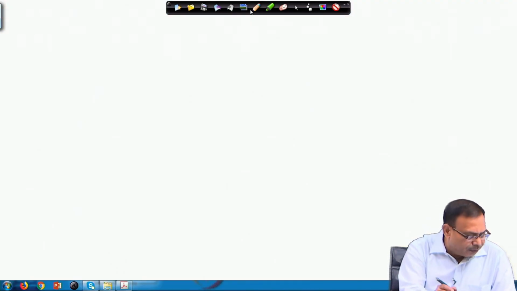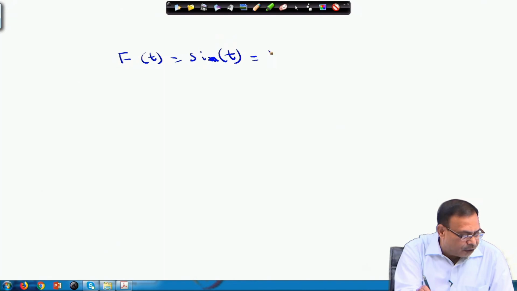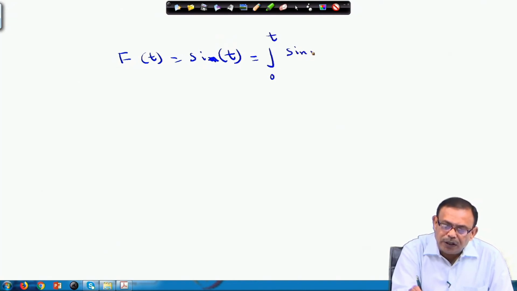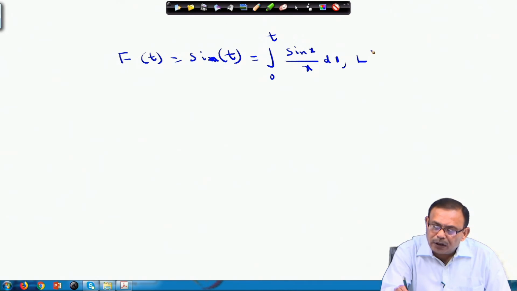So, let us see here, your f(t) is the sine integral function of t, equal to the integral from 0 to t of sin x by x dx, this you know, and we are assuming that the Laplace transform of f(t) is F(s).